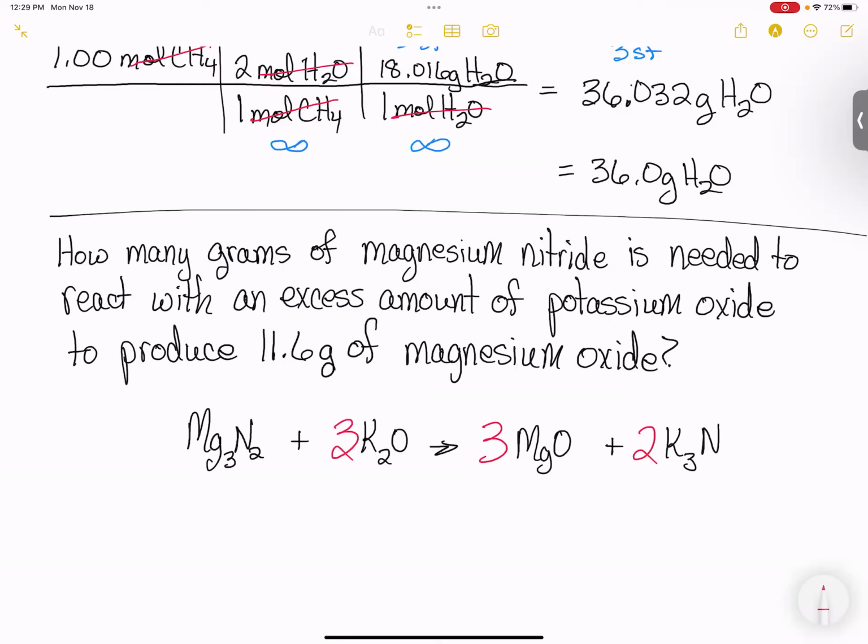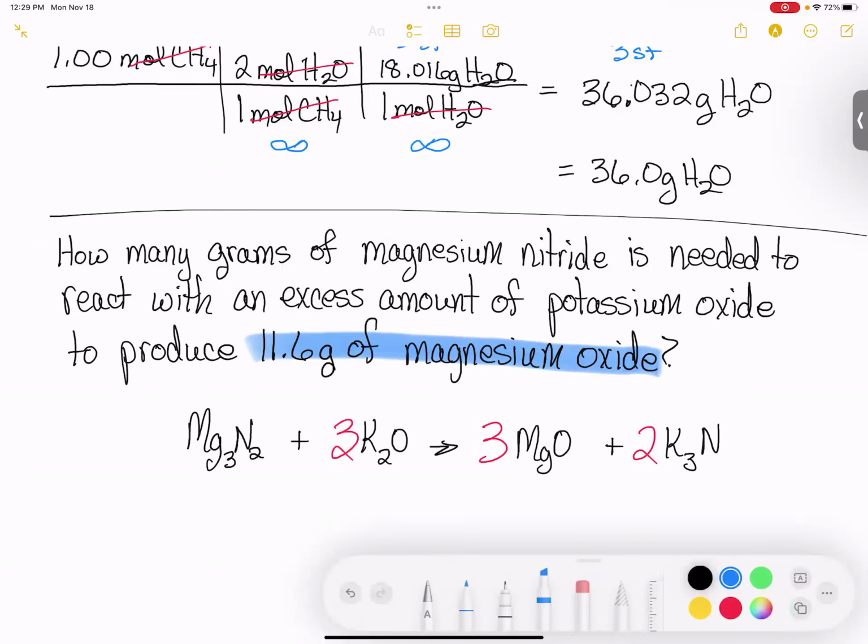So step number one is always to balance the reaction. Then you can go through and say, okay, what have I been given? I have been given 11.6 grams of magnesium oxide.